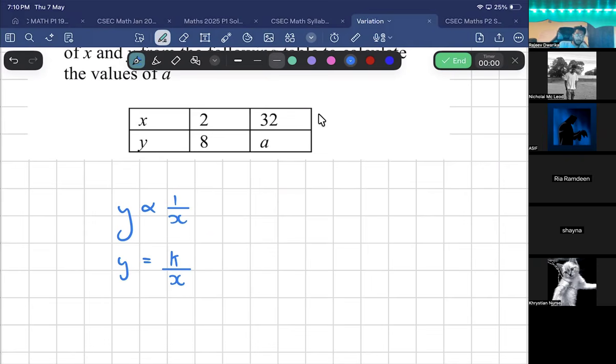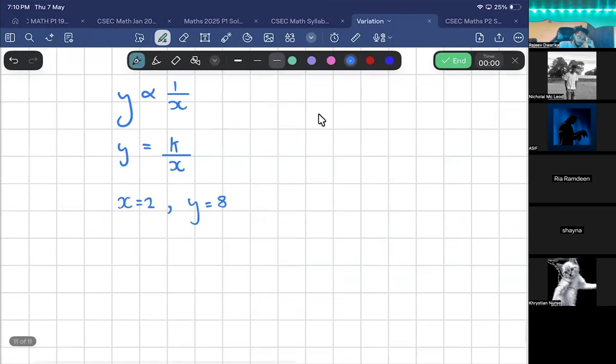Exactly. So x is equal to 2, y is equal to 8. And in the next line, we're going to write 8 equals k over 8.